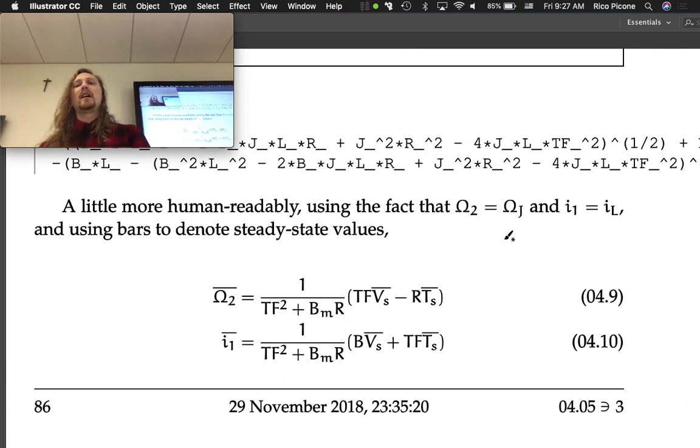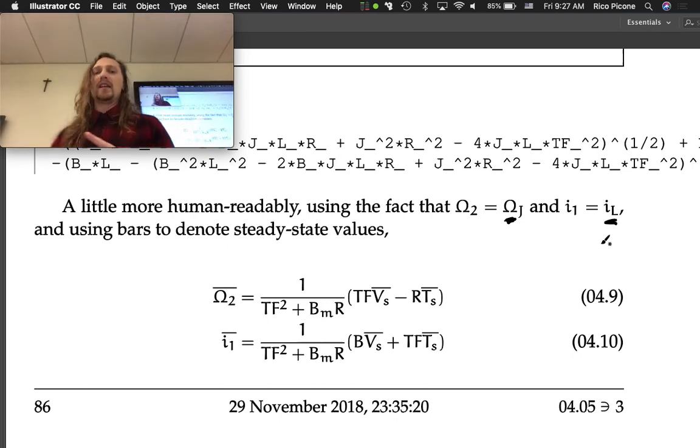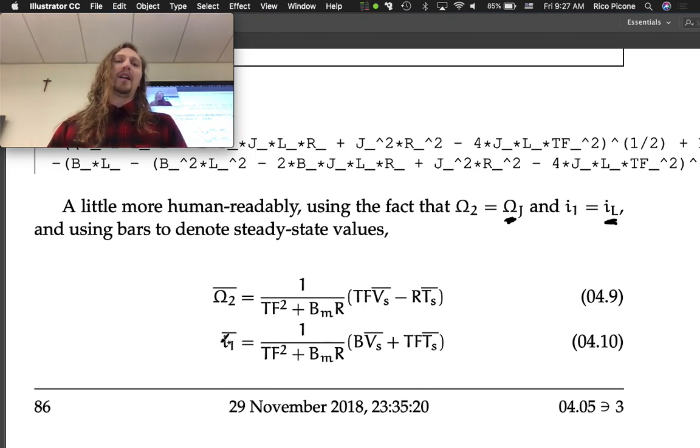So we have this solution for the state, omega J and IL. But what we're actually interested in is omega 2, which is to say the motor speed, and I1, which is the motor current.